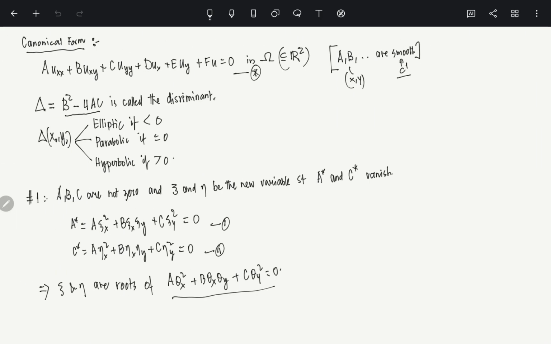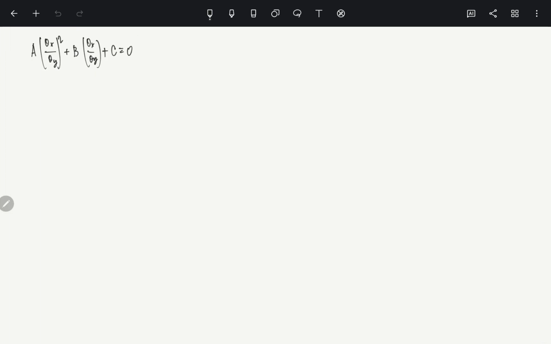The choice of xi and eta is on us, so we can choose them in such a way that they are not 0. What we are doing is dividing by theta y square, and then we get this.